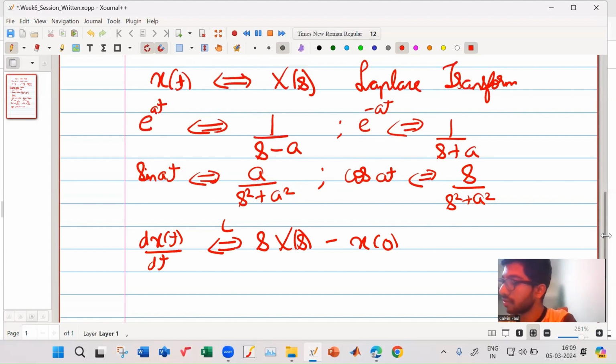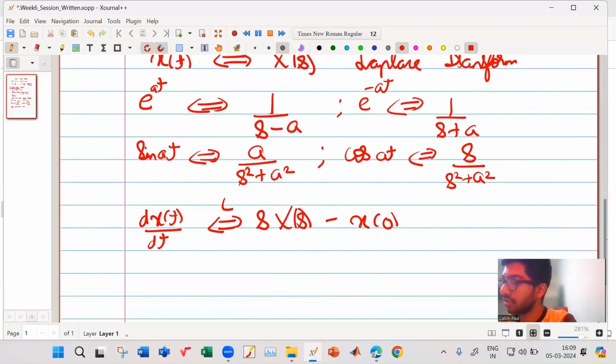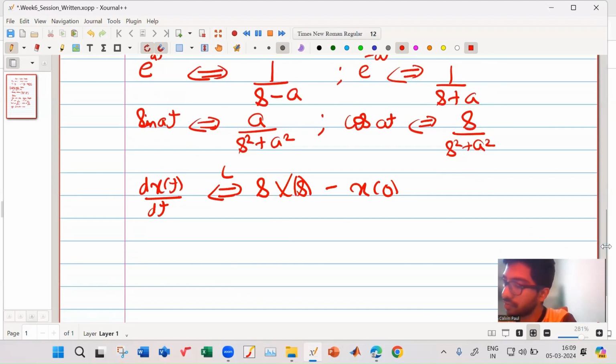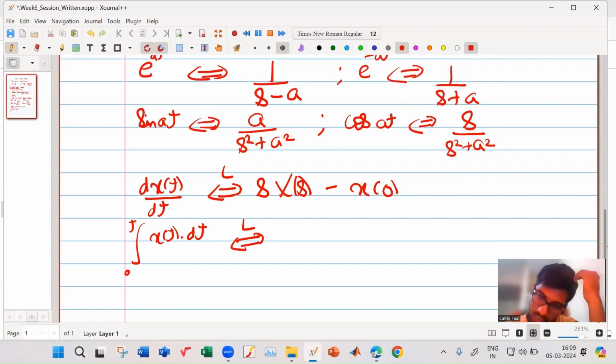Correct, x0 is the initial condition. Okay. What is the Laplace transform of the integration of x of t dt? That is equal to x of s by s. Yes, x of s by s. Correct.